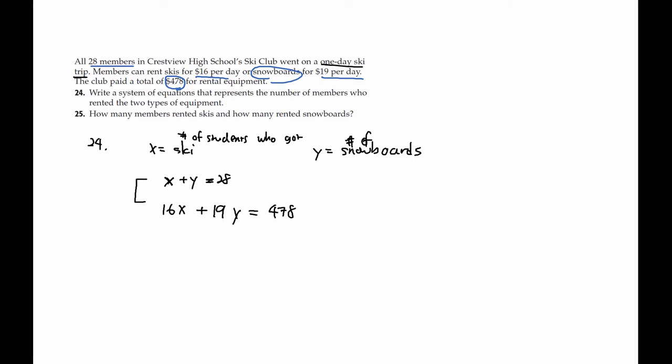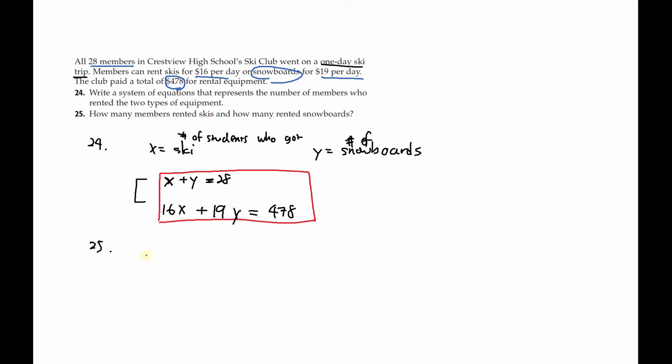Now moving to 25, it's asking for the specific values of x and y. Basically, it's asking for the identity of x and y. There are multiple ways we can approach this. We can use either substitution or elimination.